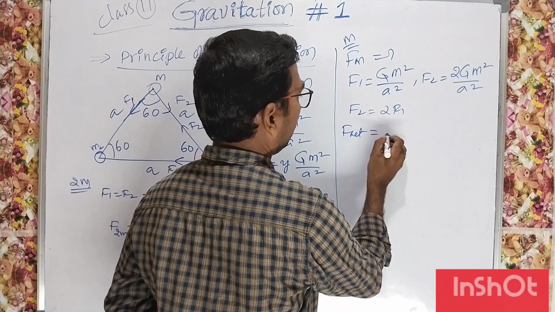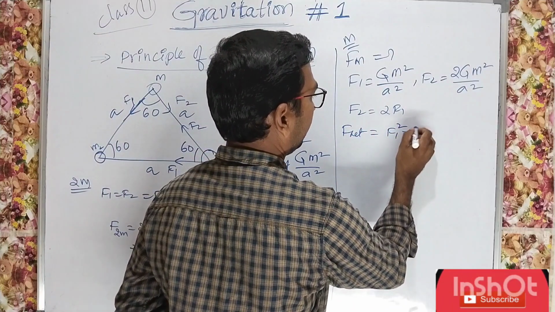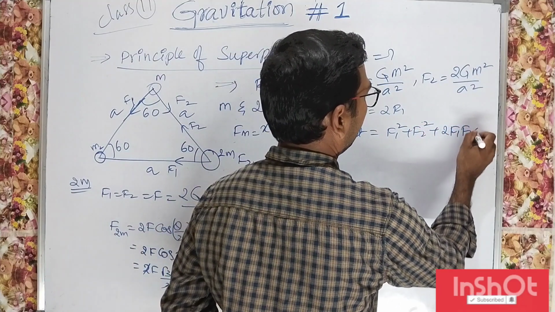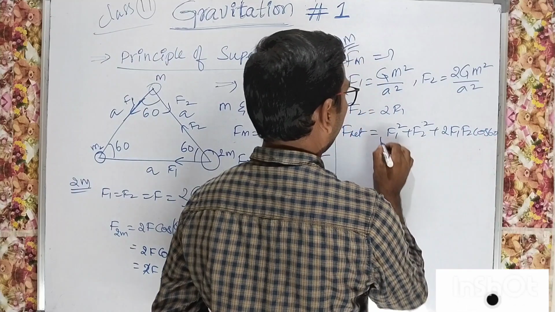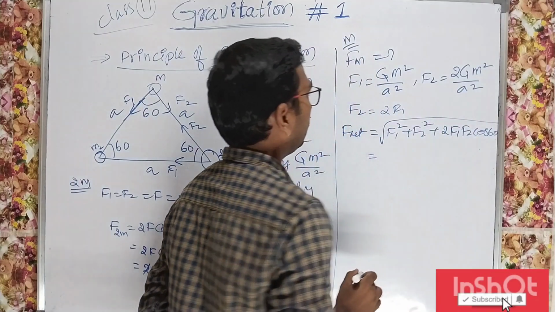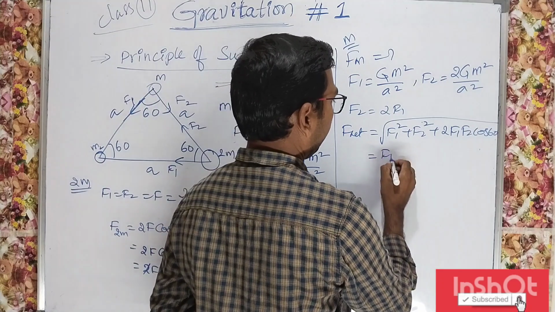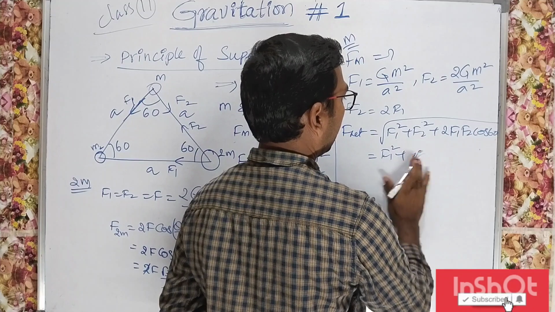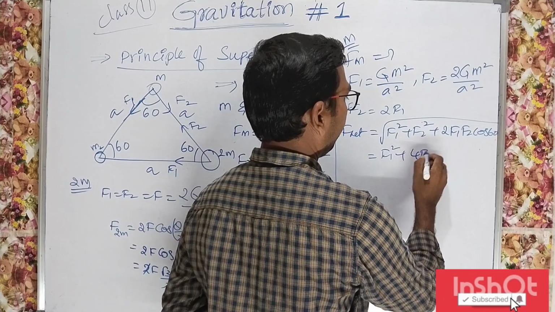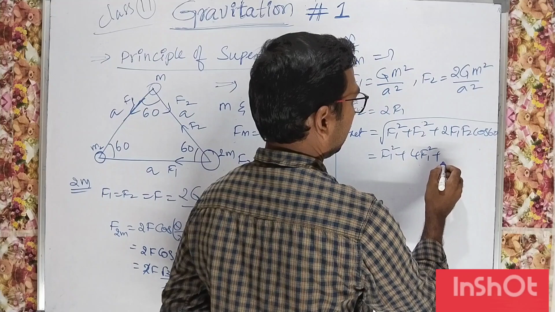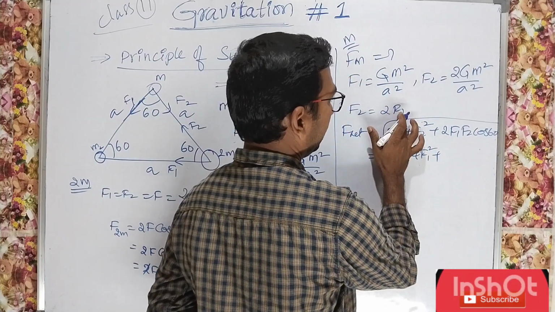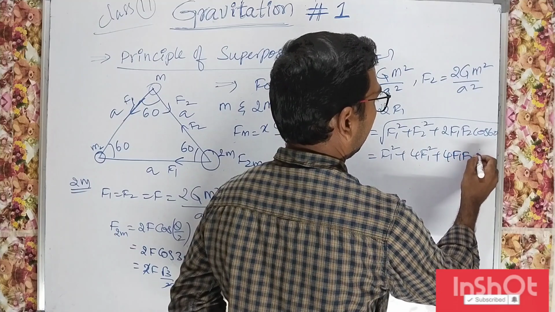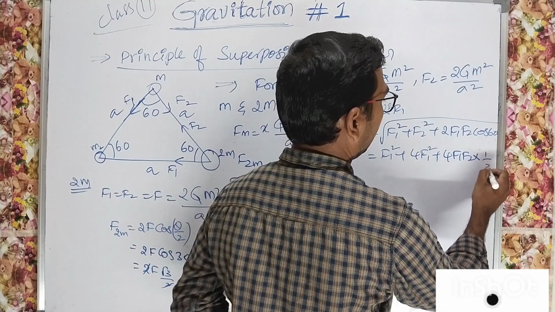F net is equal to root of F1 square plus F2 square plus 2 F1 F2 cos 60. So here F1 square, and F2 square is 4 F1 square, plus 2 F1 F2 into cos 60 value 1 by 2.